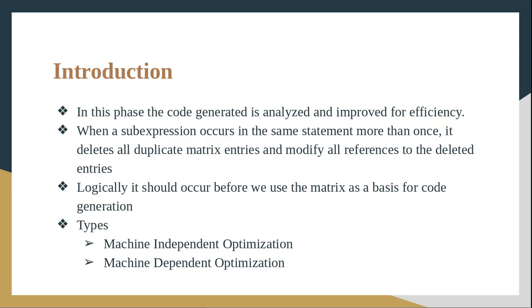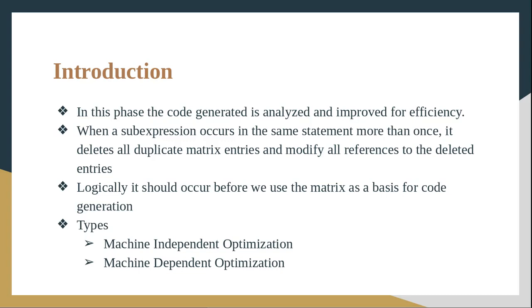Basically we have two types of optimization: machine independent optimization and machine dependent optimization. First we'll see what machine independent optimization is. We know that we have an intermediate code as well as the target machine code. The intermediate code will be in the form of a matrix, right?